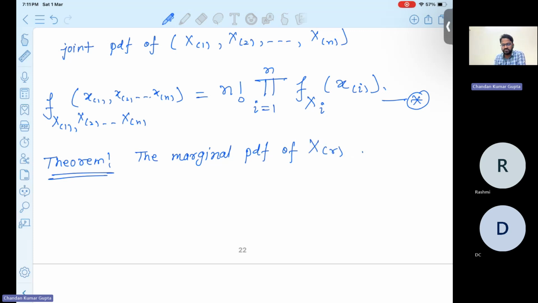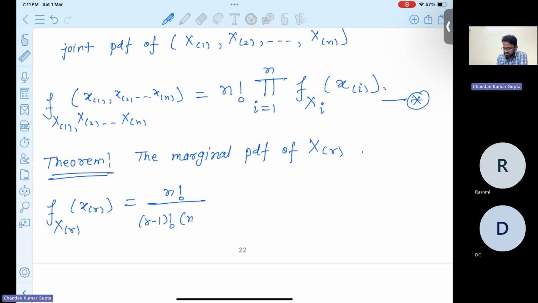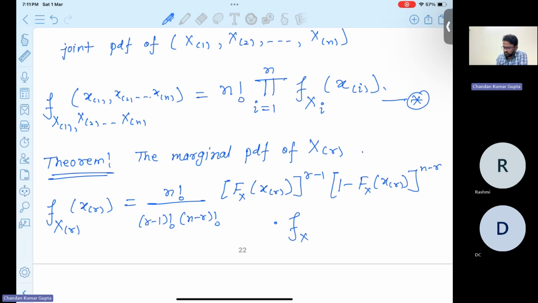This can be calculated by this formula: n factorial over r minus 1 factorial times n minus r factorial, times Fx of xr to the power r minus 1, times 1 minus Fx of xr to the power n minus r, times fx of xr.